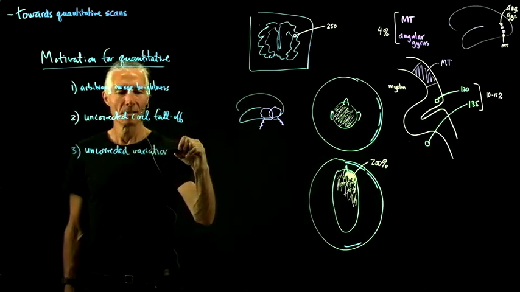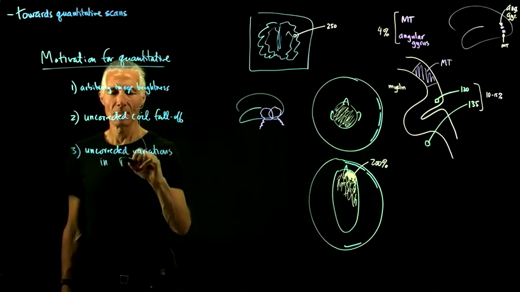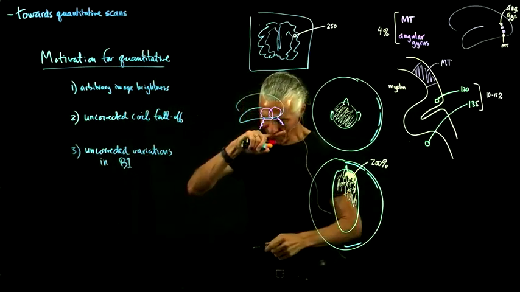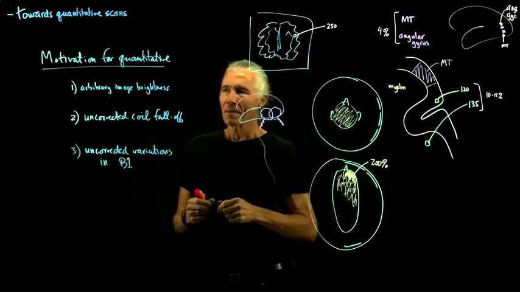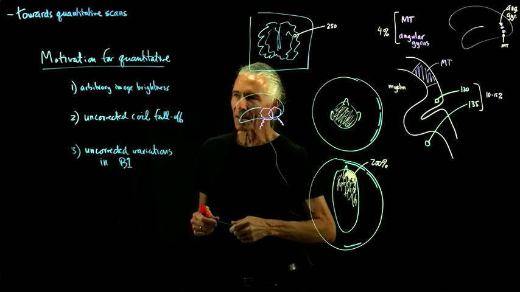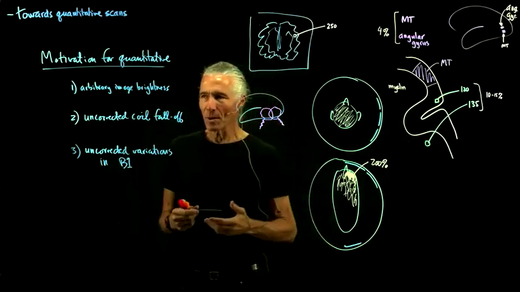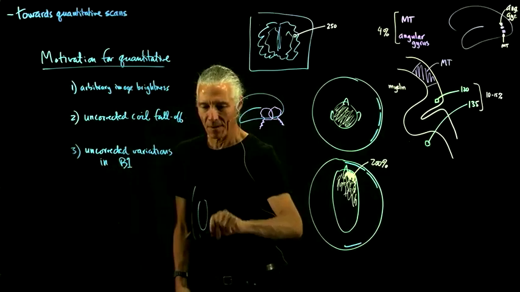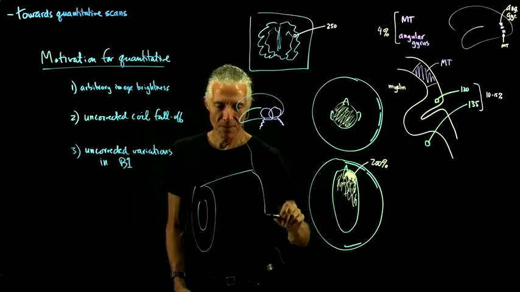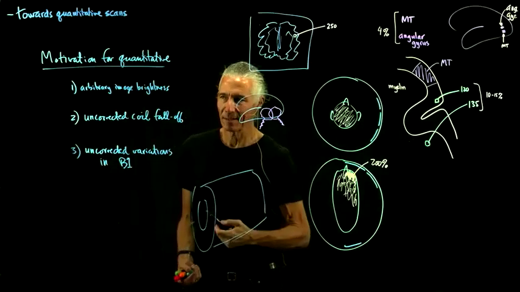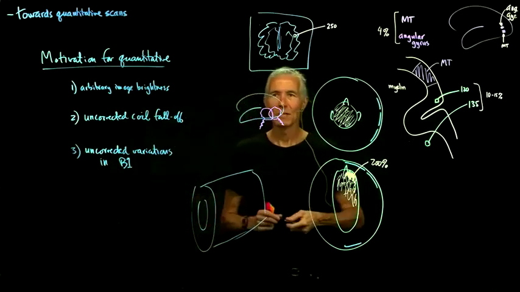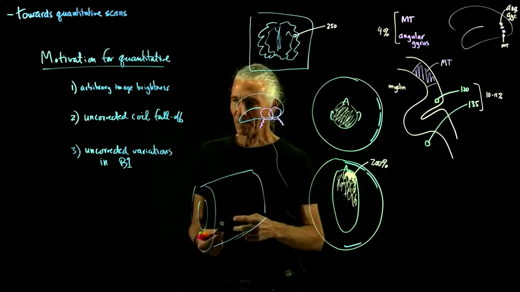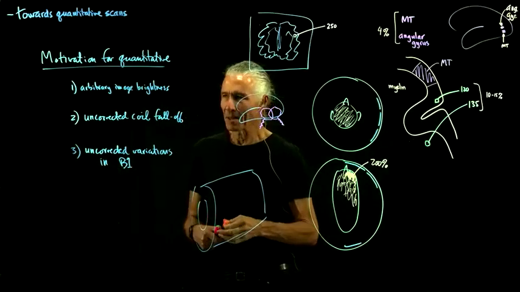Variations in B1. So the problem here is that if you look at a relatively lower Tesla, like say 1.5 Tesla, and you look at the wavelength of the 63 megahertz RF signal, what is the wavelength?